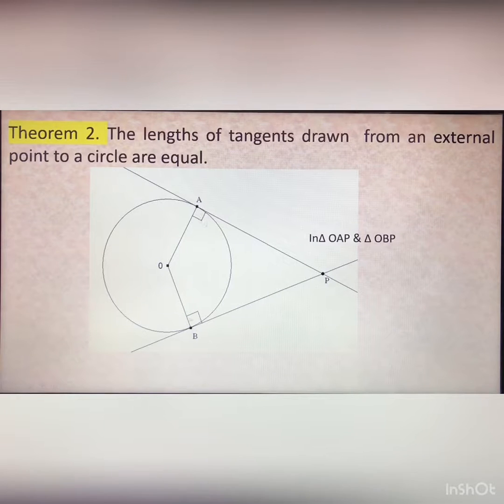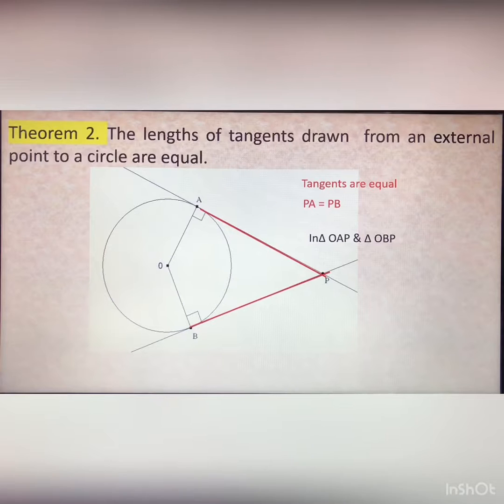So these angles are 90 degrees. Now here is the construction. These are two tangents and the requirement is to prove that AP equals BP. So tangents are equal. How can you prove PA equals PB? This is our requirement.